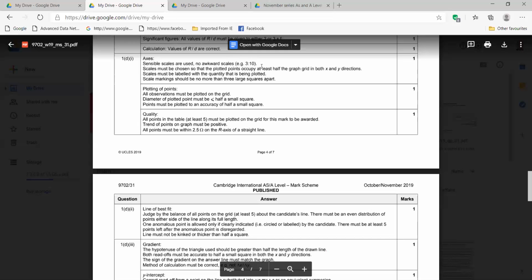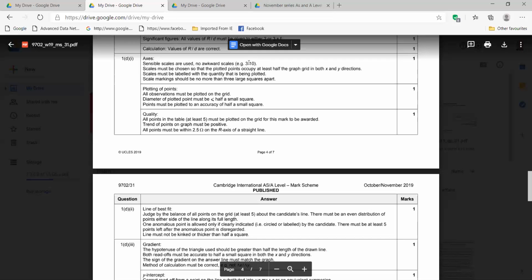For that 10 you cannot take 9, you cannot take 3, you cannot take a ratio like 15 is to 10. That makes the ratio 2 is to 3.